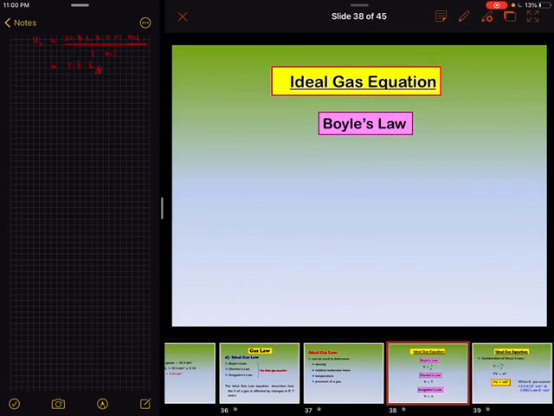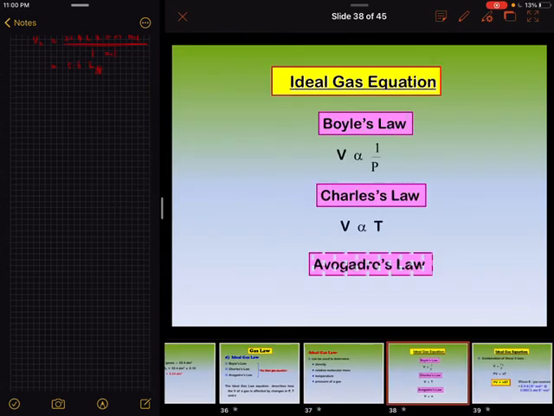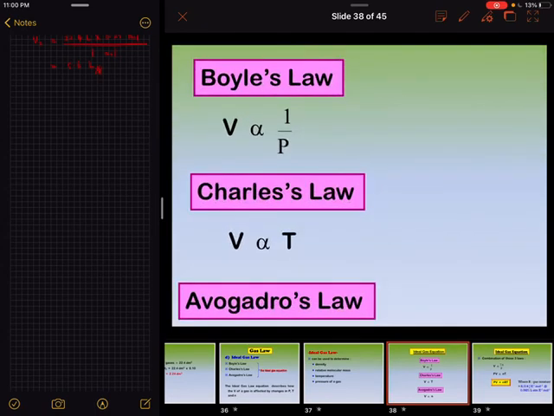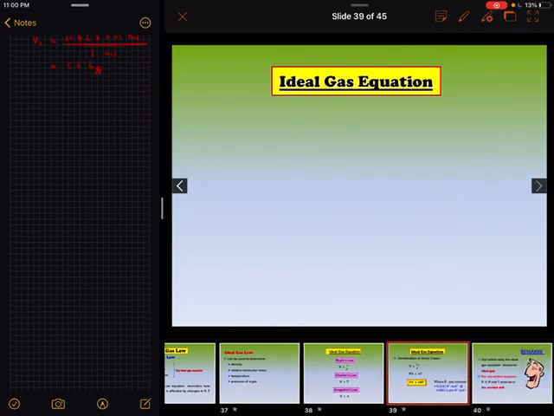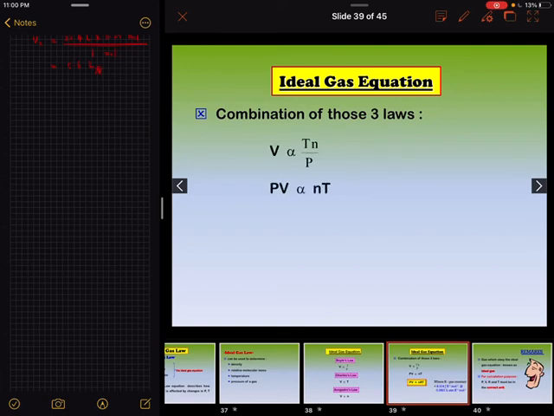Alright? Okay, so by combining these 3 gas laws, Boyle's law, Charles law dan juga Avogadro's law, maka you akan dapatlah ideal gas equation. Okay, di mana combination of these 3 gas laws, the formula akan becoming yang ini.